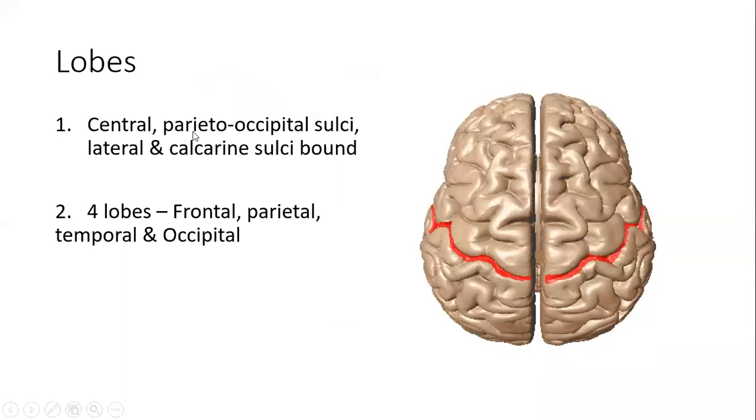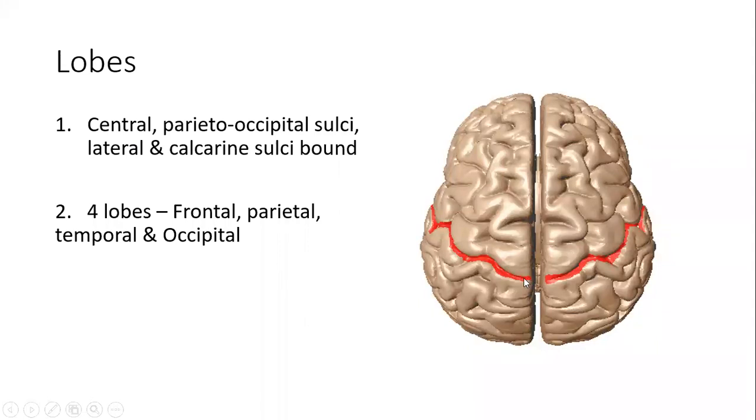So let's first discuss briefly the sulci that help us divide each cerebral hemisphere into at least 4 lobes. Starting with the central sulcus. Central sulcus is the largest sulcus in length, and it is the most visible sulcus on the surface of the cerebral hemisphere to the naked eye.